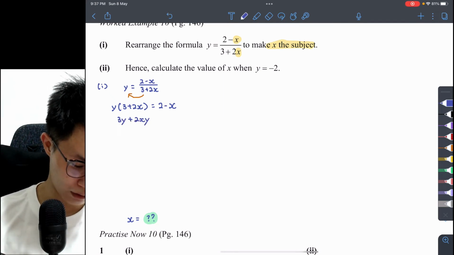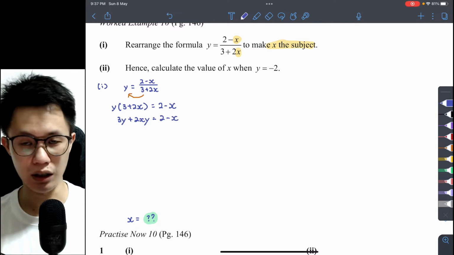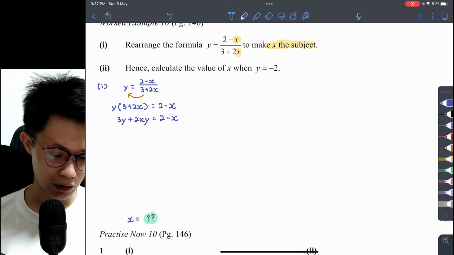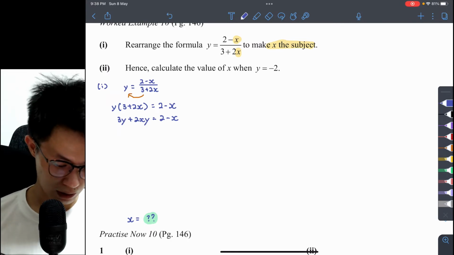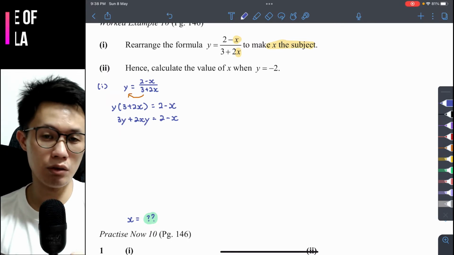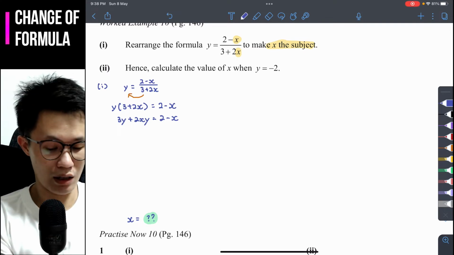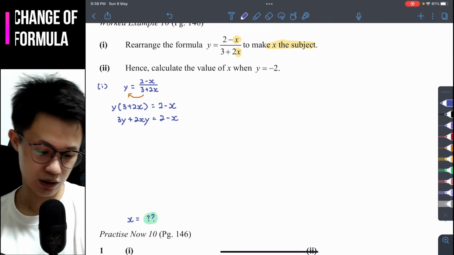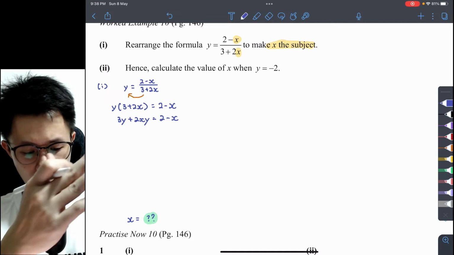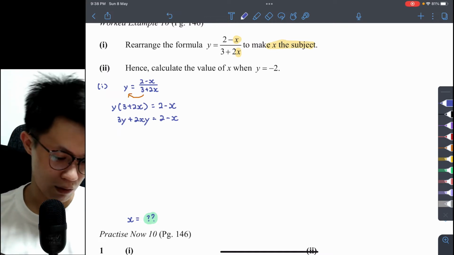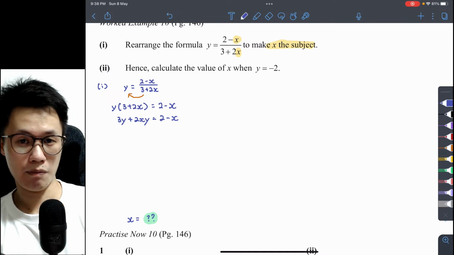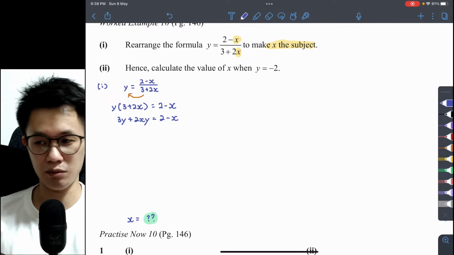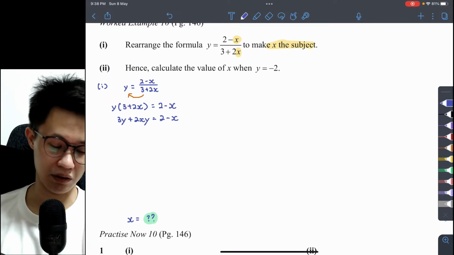Let's expand it out. My goal is to isolate x, so I'm not going to really care about anything with y. Once I've expanded it, anything with x, I'm going to leave on one side, anything else on the other side. Any terms with x, I'm going to leave on the left side. Any terms with no x, I'm going to leave on the right side.